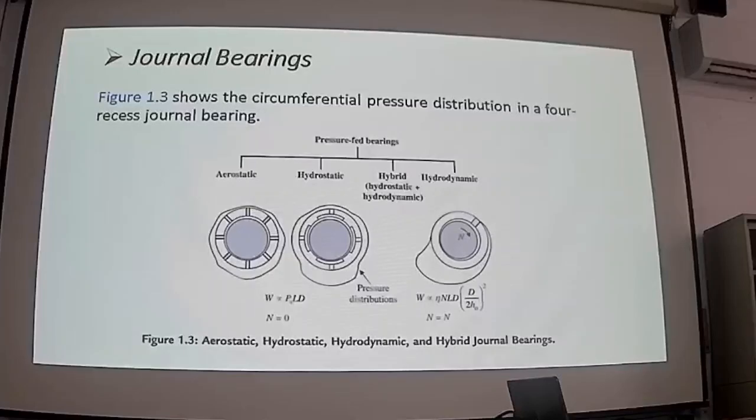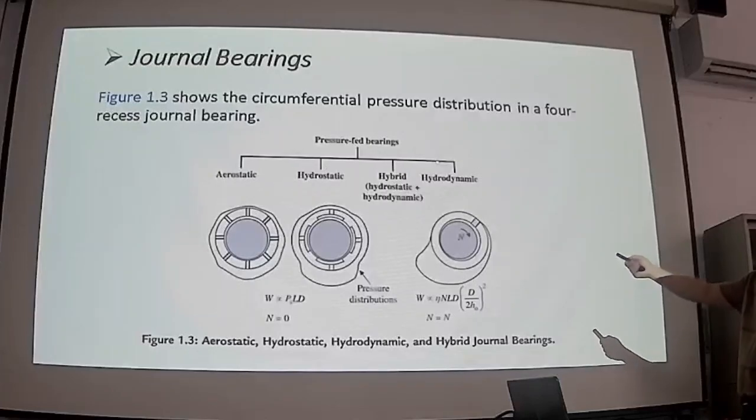We'll connect this later when we cover the practical design of the hydrostatic bearing. So again, we have this kind of morphology for the externally pressurized hydrostatic bearing. You have different bearing types. The first one is the aerostatic bearing. The second one is the hydrostatic bearing.